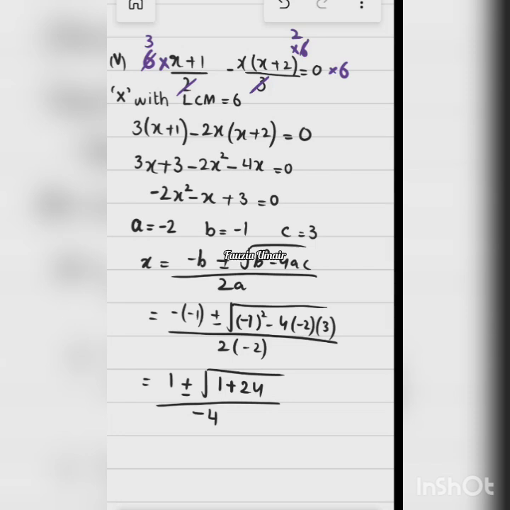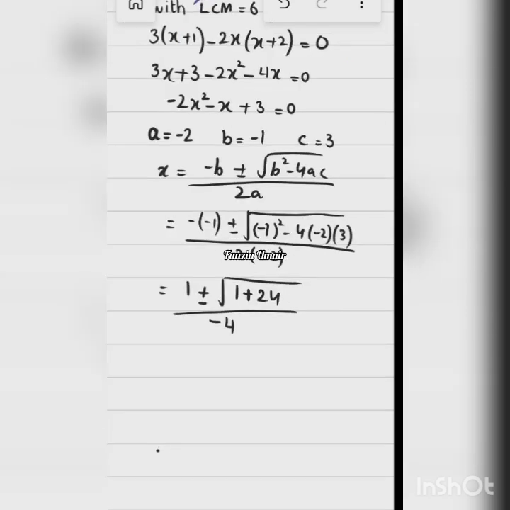So now 5 will come. Exactly, this is 1 plus minus. So can I write directly 5 divided by minus 4? Now we are having two values because it's a quadratic equation, so x will have two values. One time you will use the plus value, 1 plus 5 by 4, or x is equal to 1 minus 5 by 4.